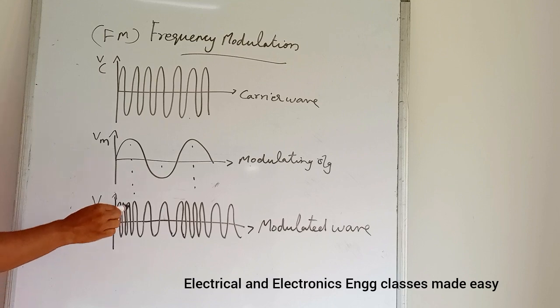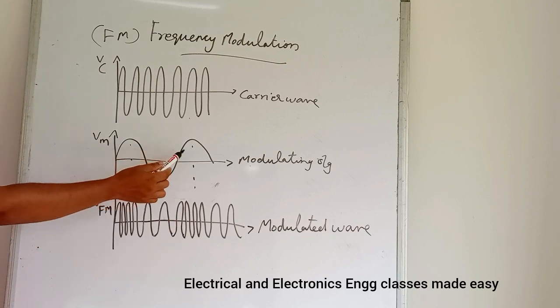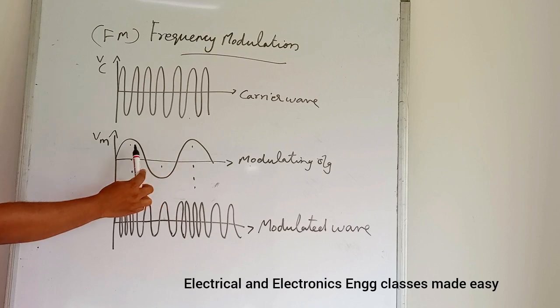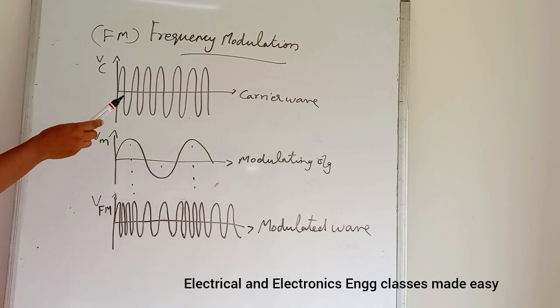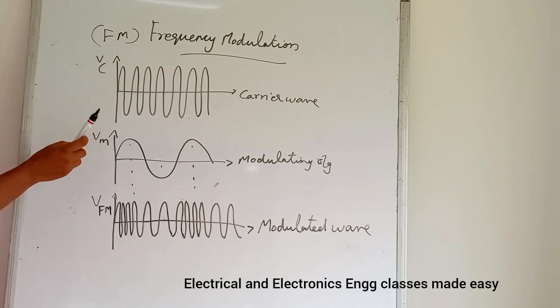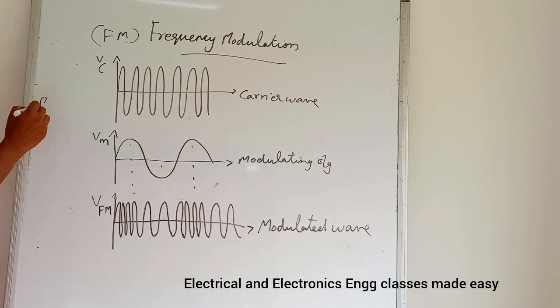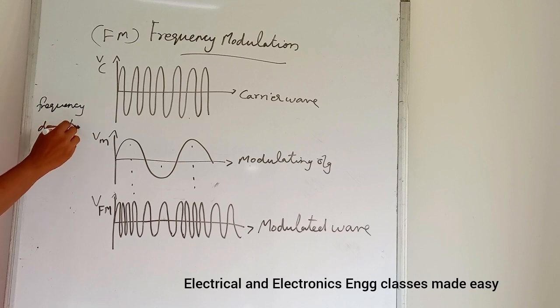So, here frequency is varied in accordance with the instantaneous value of the modulating signal. And here the amount by which the carrier frequency is varied from its unmodulated value is called frequency deviation, denoted by the letter delta. So that is about the basics of modulation.